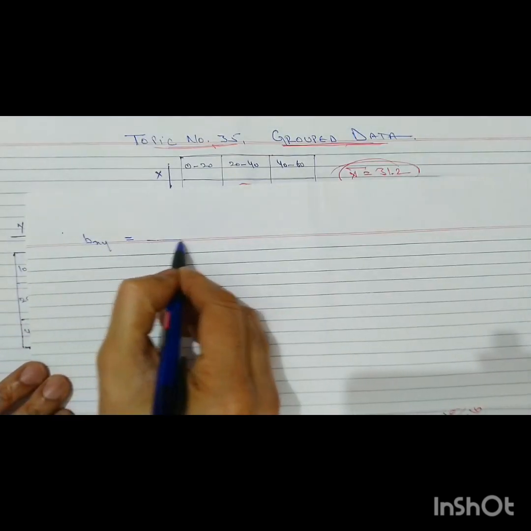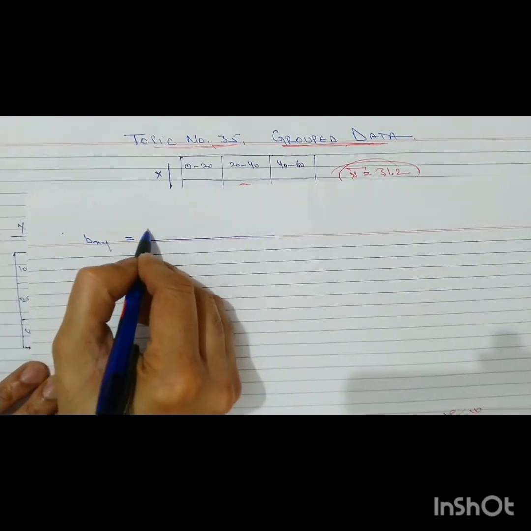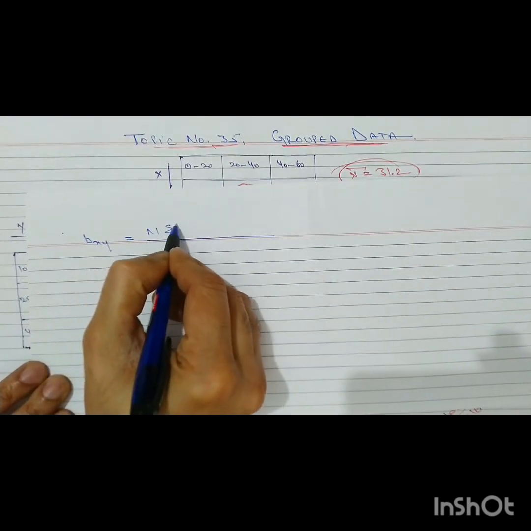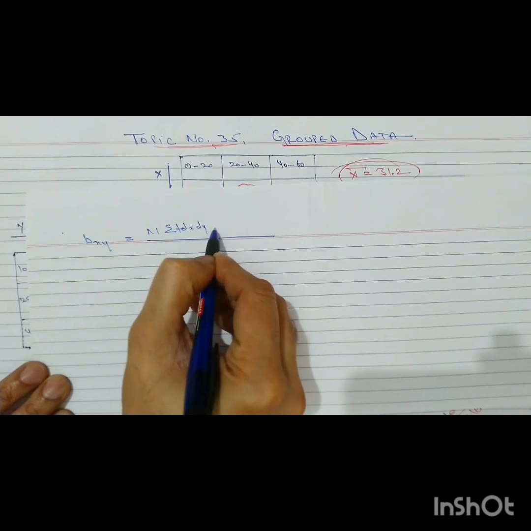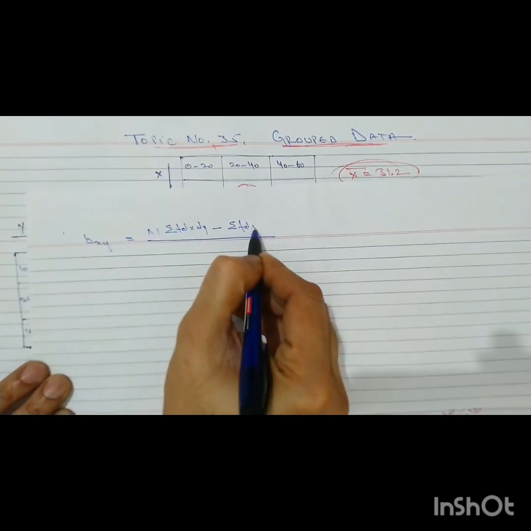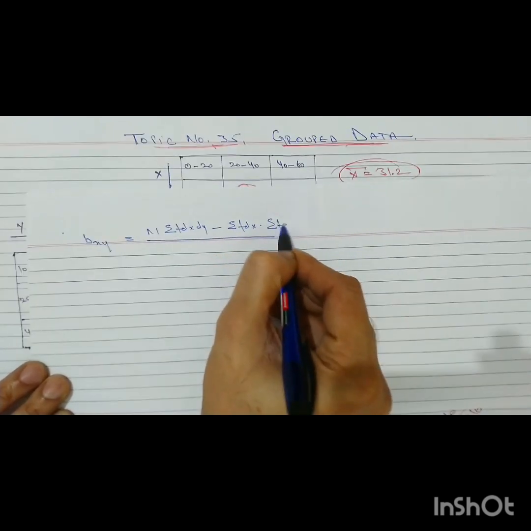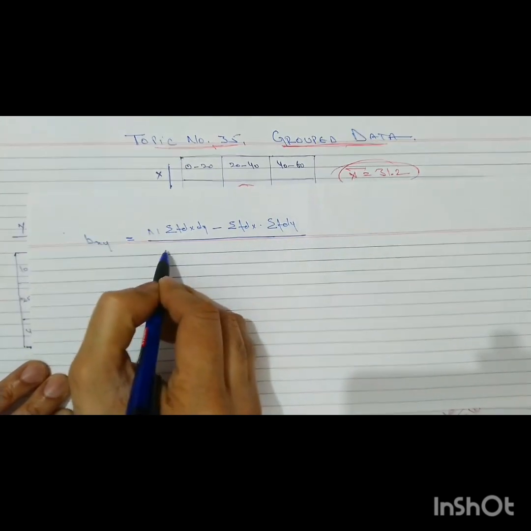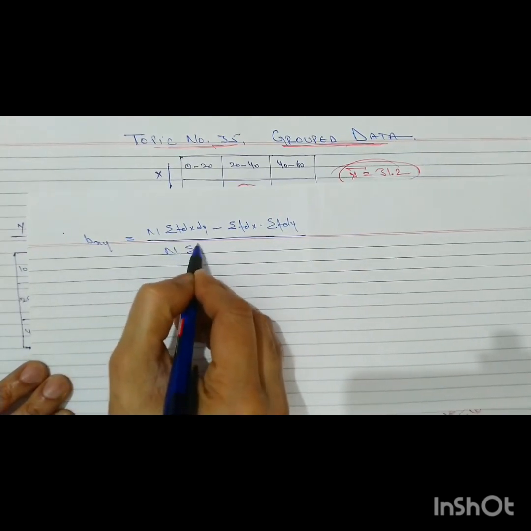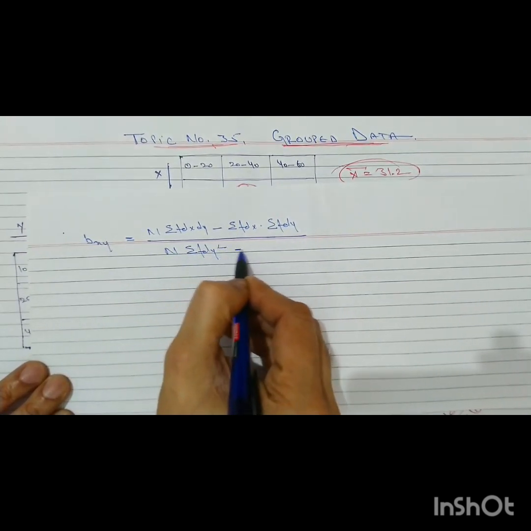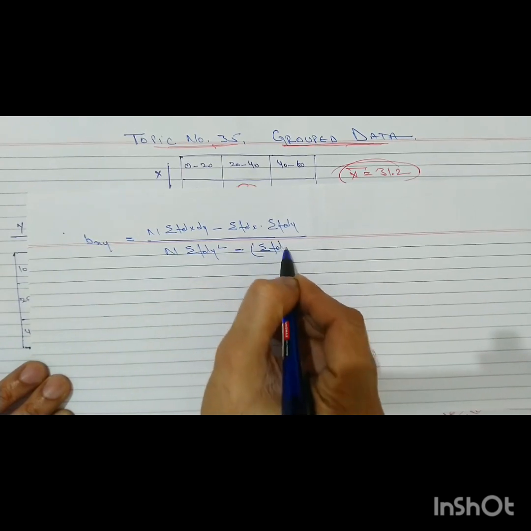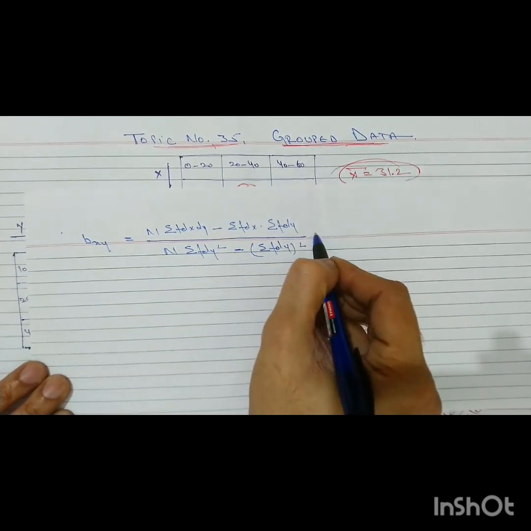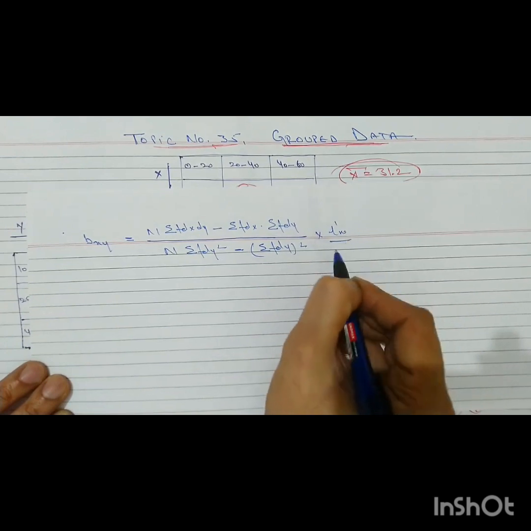The formula is n summation f dx dy minus summation f dx into summation f dy over n summation f dy square minus summation f dy whole square into ix over iy.